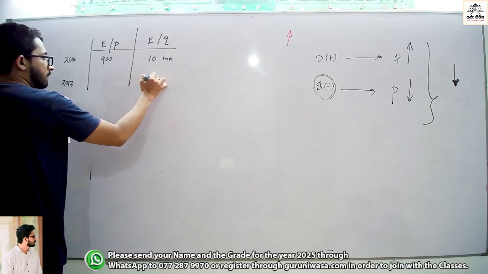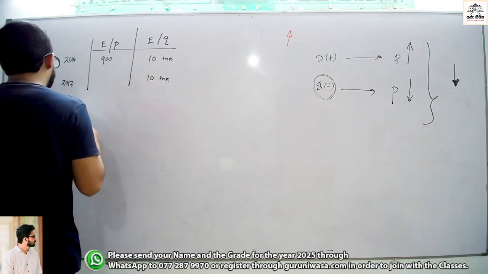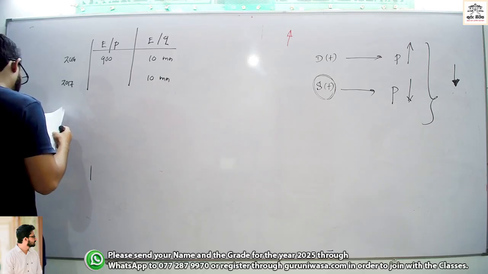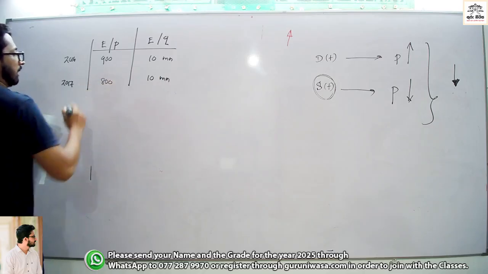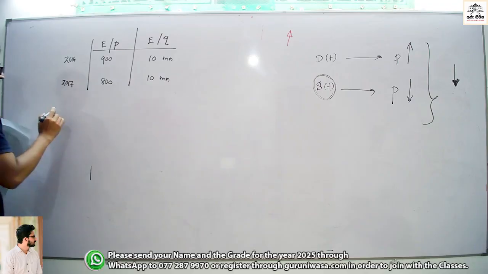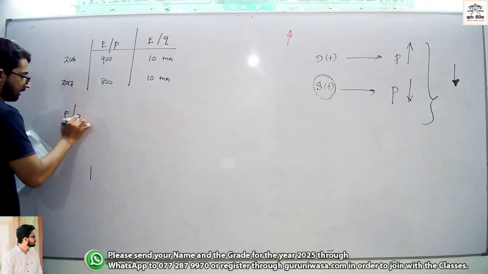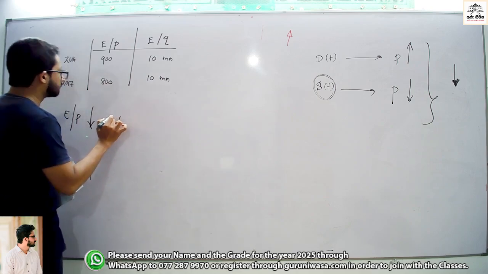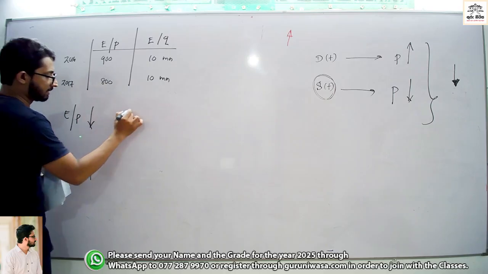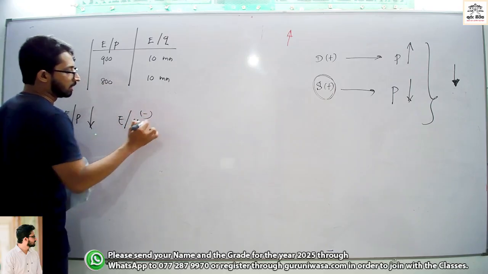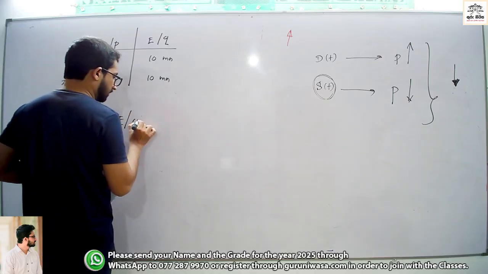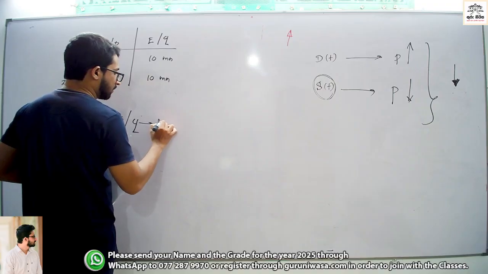Equilibrium quantity is the same, 10 million. Equilibrium price in 2017 is how much? 800 per kilo. What happens? Equilibrium price has decreased. Equilibrium quantity no change.